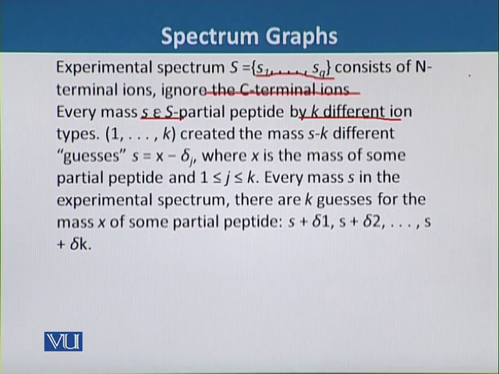Every guess corresponds to the hypothesis that S is equal to X minus delta J, where delta J is the ion that is created, X is the mass of the small partial peptide, and 1 is less than or equal to J, and J is less than or equal to K. For every mass S in the experimental spectrum, there are K guesses of partial peptides: S plus delta 1 means the first ion, S plus delta 2 means the second ion, and S plus delta K means the K-th type of ion.